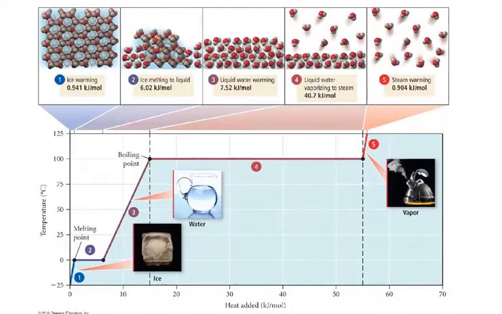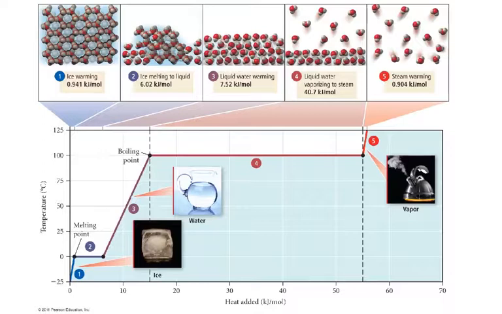This diagram is showing the heat needed for each phase of heating up water. If you want to warm up ice, it takes 0.941 kilojoules per mole of ice.